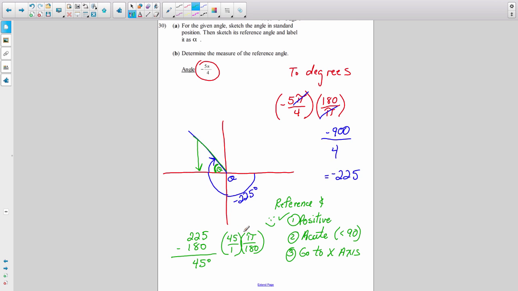So this is 45 pi over 180. So I take my calculator and I reduce 45 over 180 into a fraction, and I get 1 over 4. So the answer is pi over 4. That's the reference angle. Cool. Very nice.